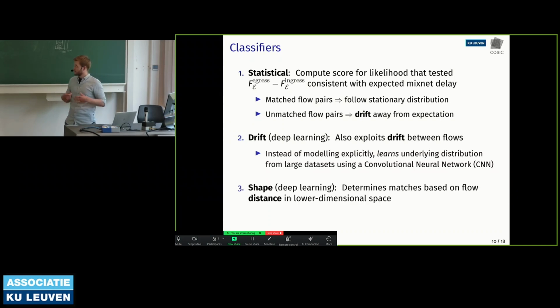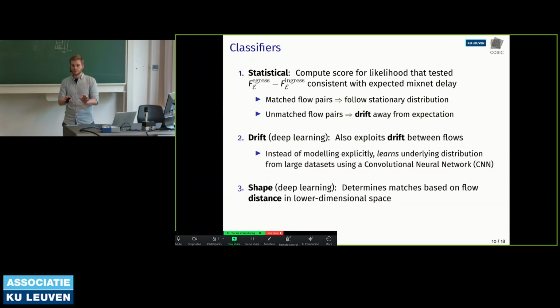And then we have the third classifier, which is also a deep learning-based one. However, it deviates conceptually from the previous two. It follows in the footsteps of related work, in this case Deep Coffee, which is the strongest flow correlator for Tor. It adopts a very similar network architecture. The idea is that instead of exploiting the drift between flow pairs, it will transform flow pairs into a lower dimensional space that is optimized for a distance metric.